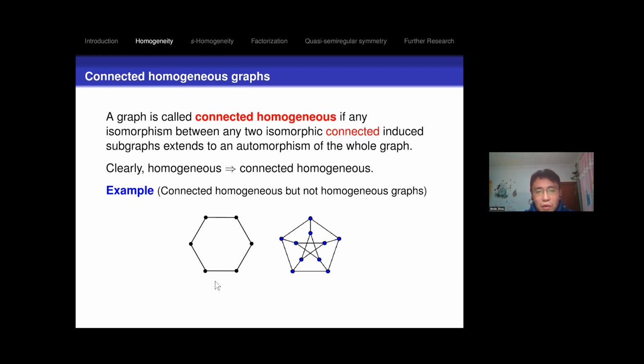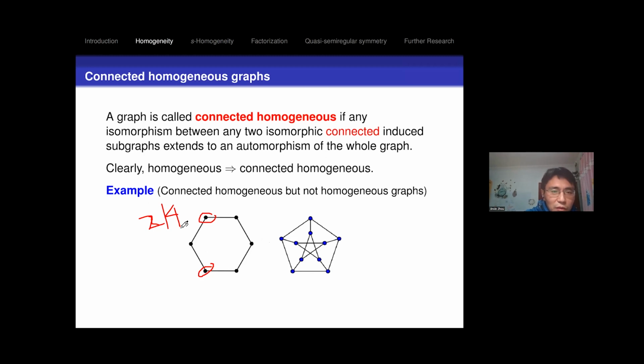For example, this graph, the cycle of length 6, is connected homogeneous, but it's not homogeneous. Because you can see, for example, this vertex and this vertex induce a disconnected graph 2K_1.